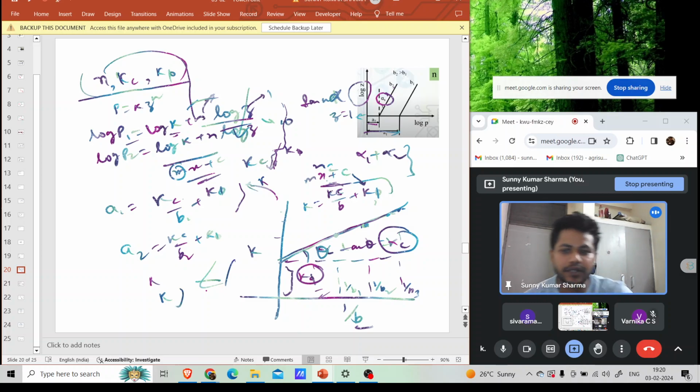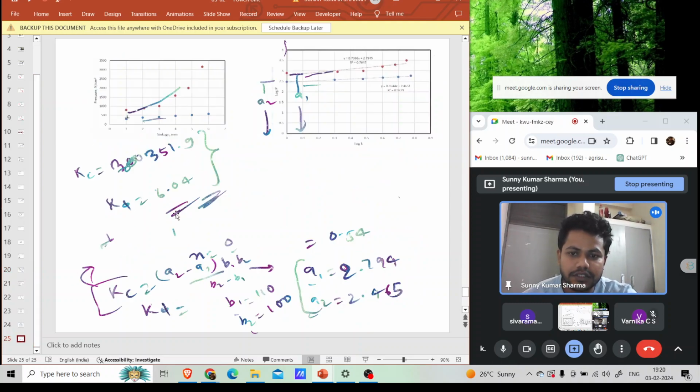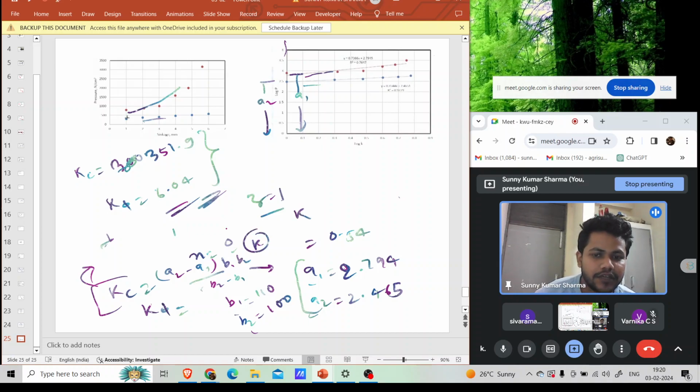Then for the other plate, you will get another K value. That K is limited to that plate only. This is the question which we solved here: for Z equal to 1, we got some K value. For other plates, you will get other K values.